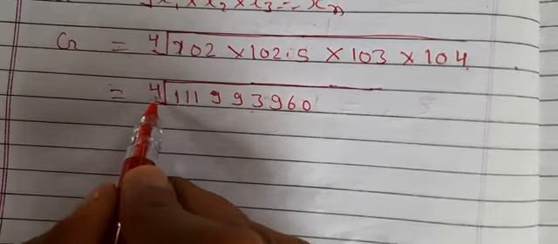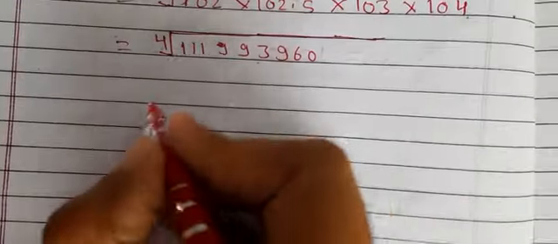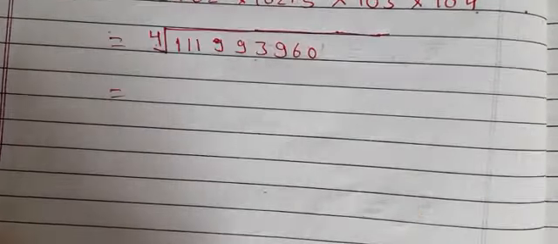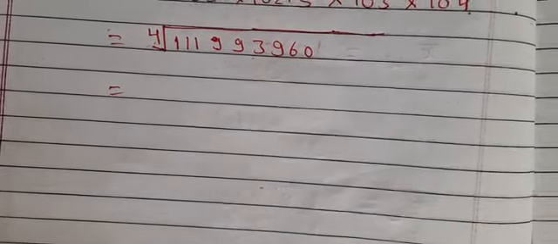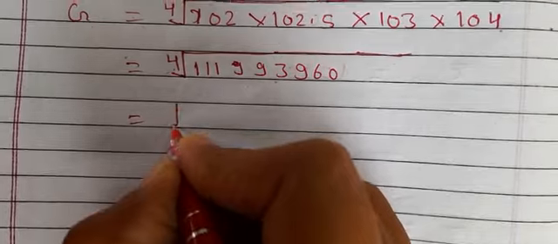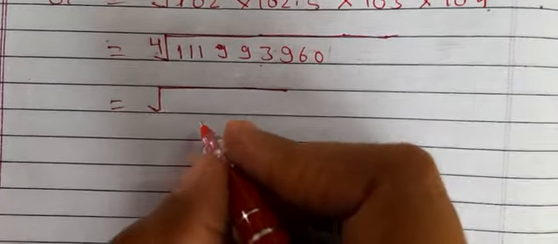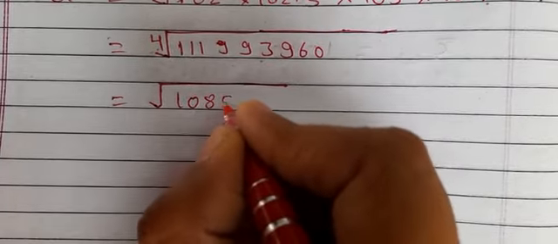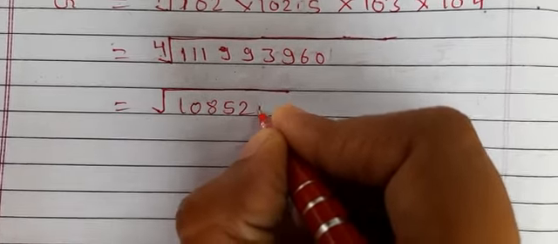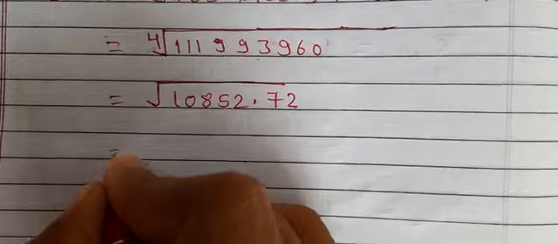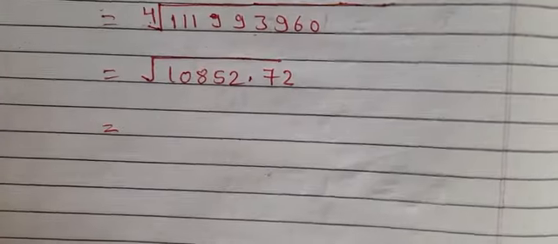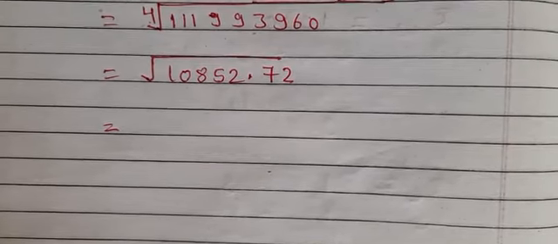The 4th root means we have to find the square root 2 times of this number. The first time we find the square root, we get the answer as 10,852.72. One more time we will repeat the calculation, finding the square root.